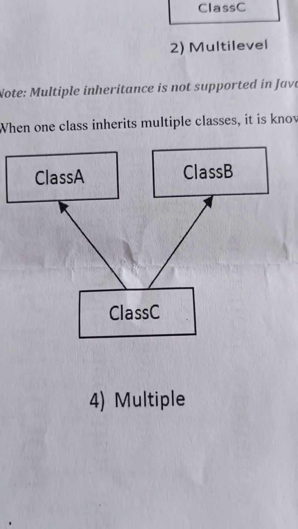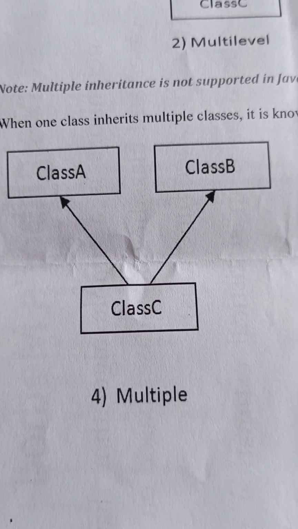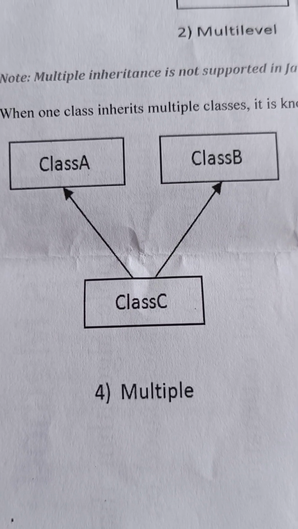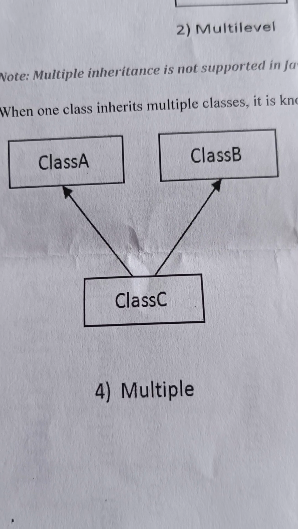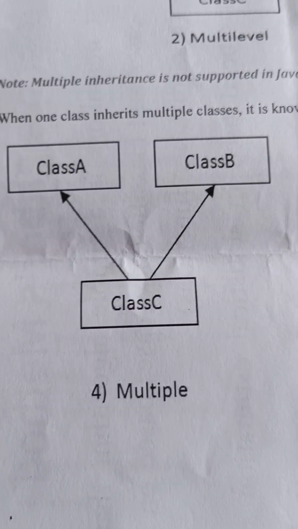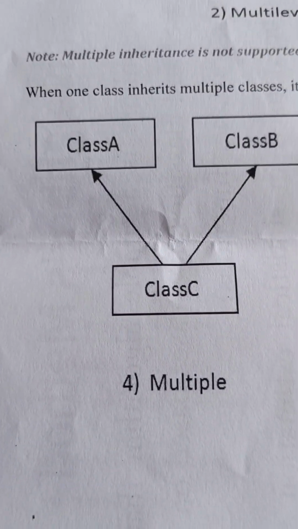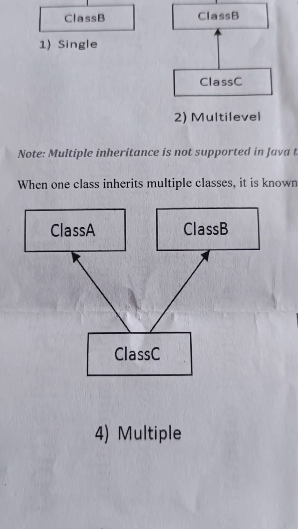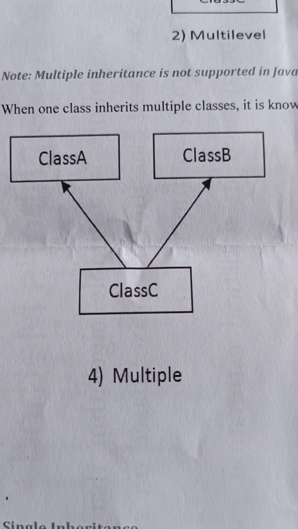But this concept does not work here. Take a simple example: class A has variable i, and class B also has variable i. Now using class C, we inherit A as well as B, both of which have a variable called i.